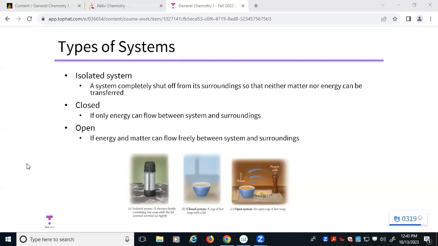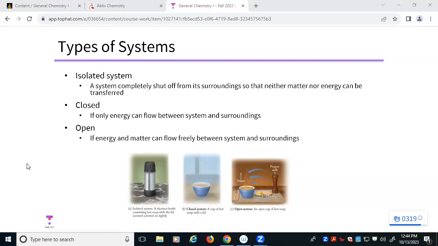So an isolated system has completely cut the system away from the surroundings. The best example we have of that is a really good thermos bottle, where so long as you keep the lid on and keep it capped, you know that the coffee that you put in there at 7 a.m. is still going to be hot sometime in the afternoon.